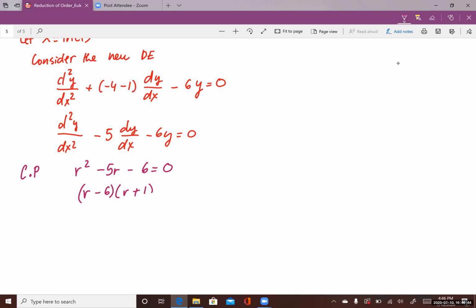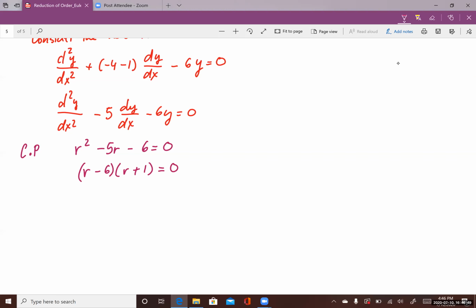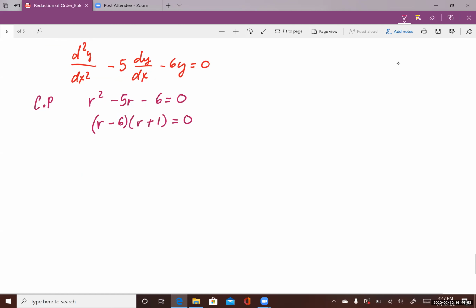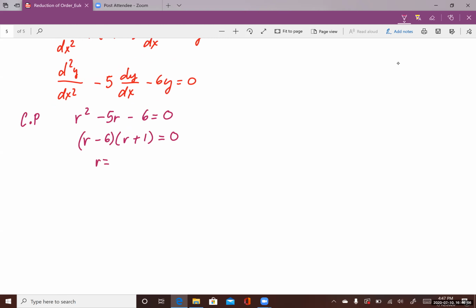Let's try to factor this quadratic equation. As you can see, negative 6 times 1 is negative 6, and negative 6 plus 1 is negative 5. So then I have r equals 6 and r equals negative 1.